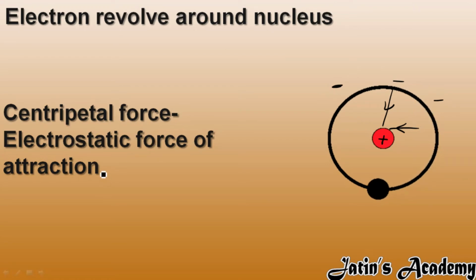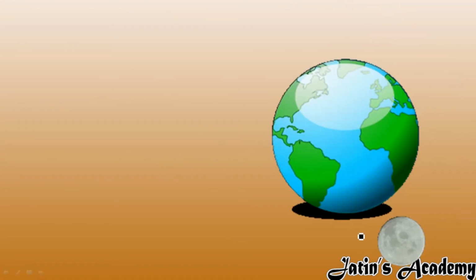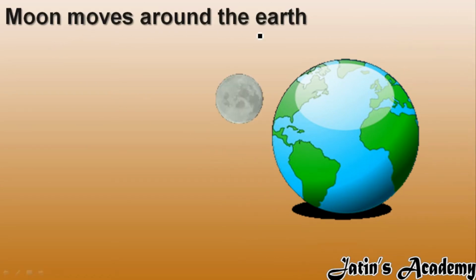Now carefully see this. Here the centripetal force is acting, and the name of the centripetal force in this case is the electrostatic force of attraction. Now let's see another example. The moon revolves around the earth. As the moon revolves around the earth, there is attraction between the two masses, equal to F equals G m1 m2 by r squared.